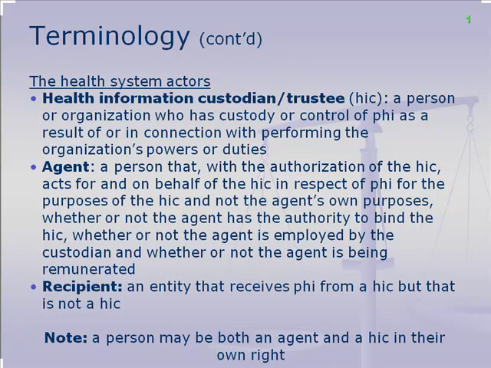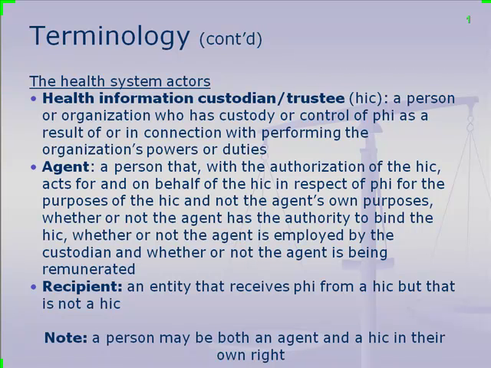But for some purposes, acting and providing services to hospital patients, the physician may be acting as the hospital's agent. But they're also a health information custodian in their own right. Okay, so that's an important point to keep in mind.